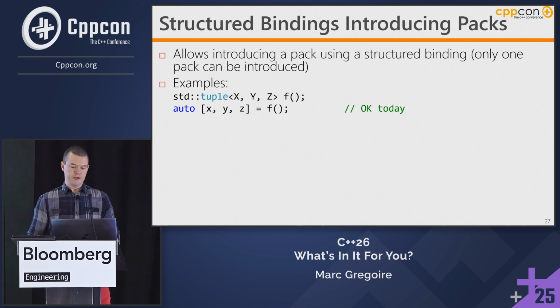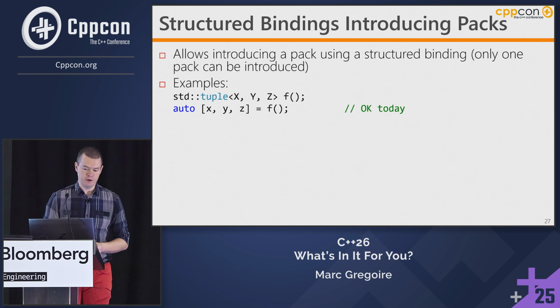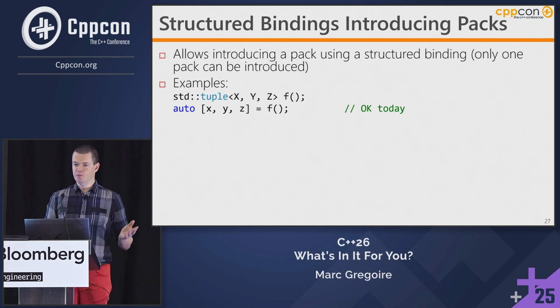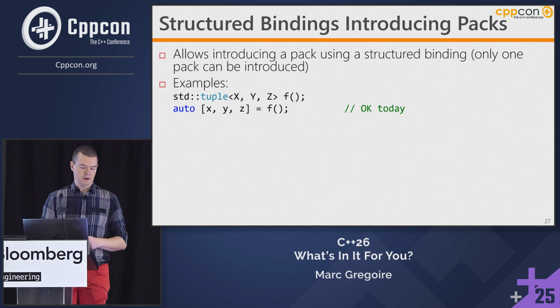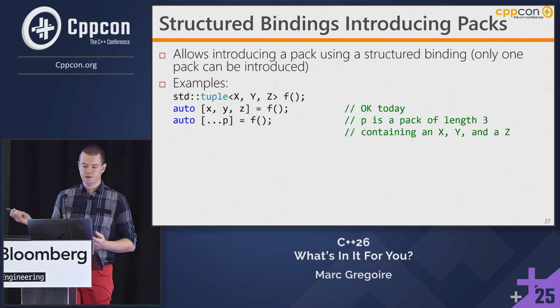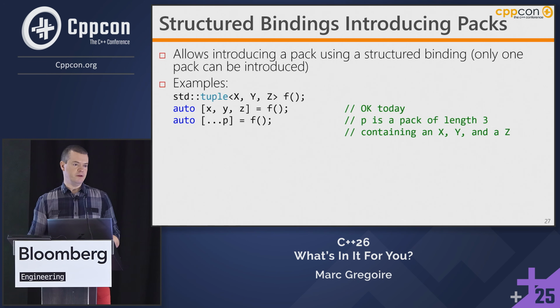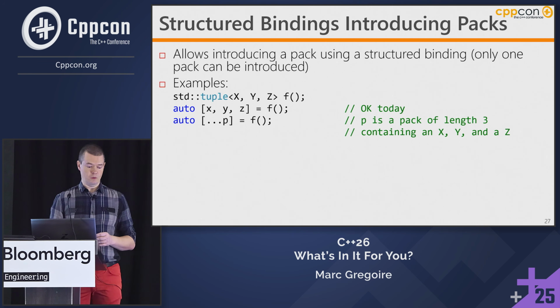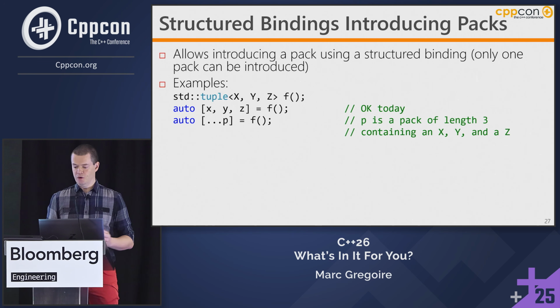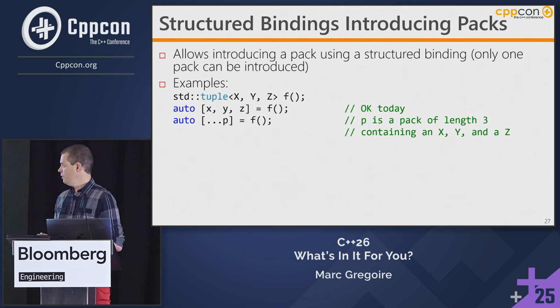Before C++26, this is valid code, of course. You can just call f and decompose it into x, y, z variables. Now in C++26, you can write something like this. So f will be decomposed into a pack with a length of 3, and that pack will contain values of type x, y, and z.